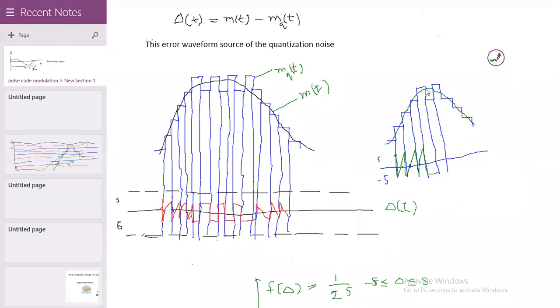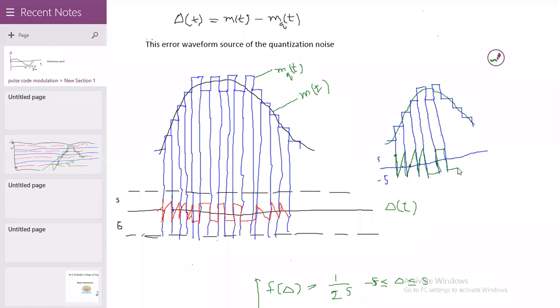And from this onwards we can observe that this is m of t, this is mq of t, so therefore m of t is greater than mq of t, the error is positive. And from this one here up to this one, mq of t is greater than m of t, that is a negative error.